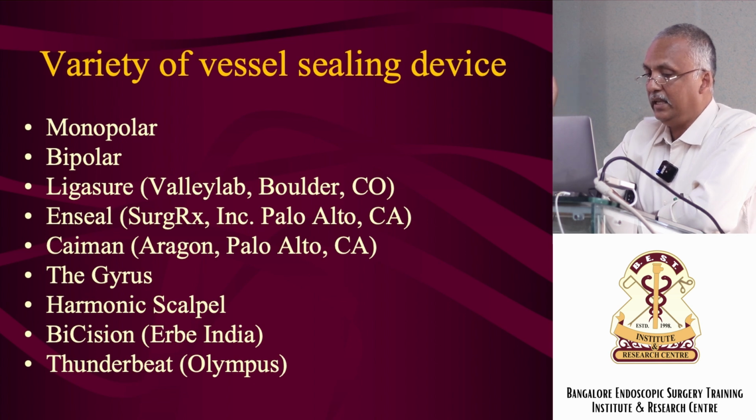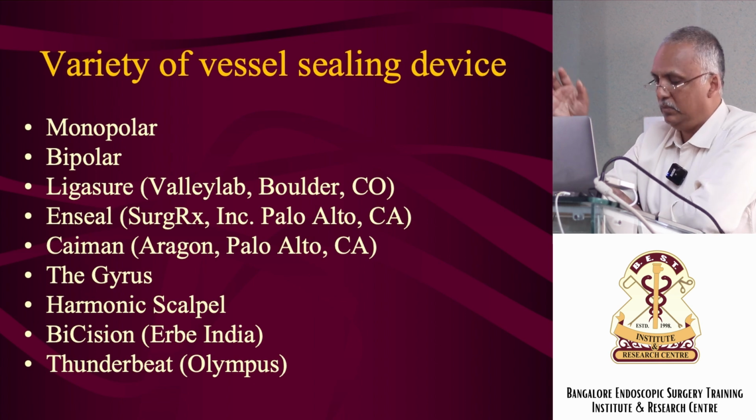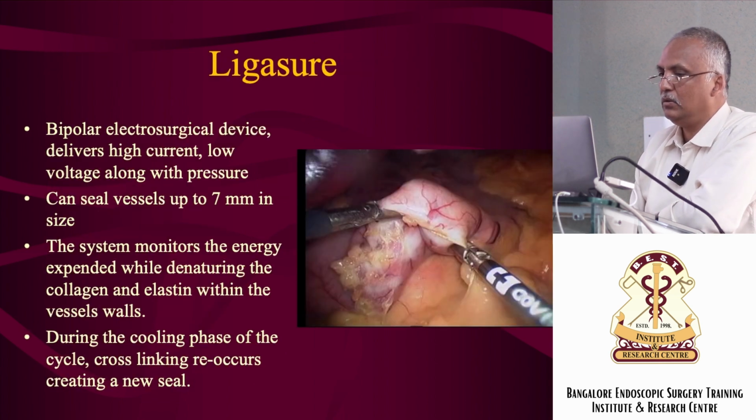It can be done by Caiman, Gyrus, ultrasonic scalpel, Biclamp, Thunderbeat. So different companies have different names and slight differences in their functions. So let's know a little bit of everything.